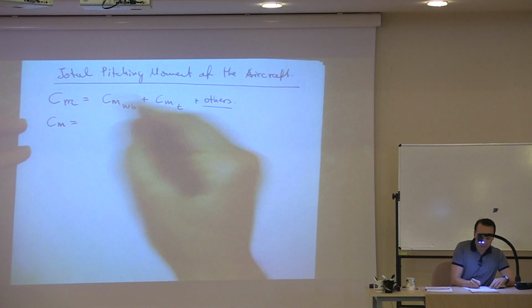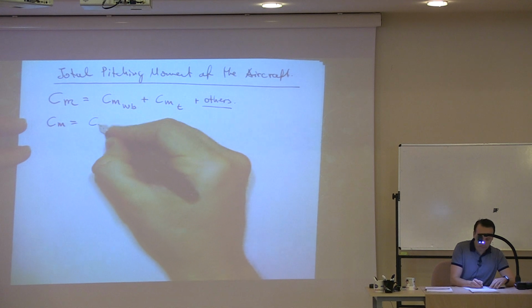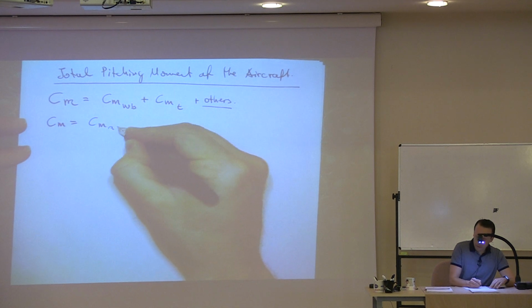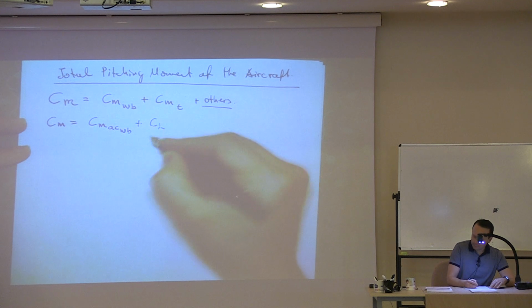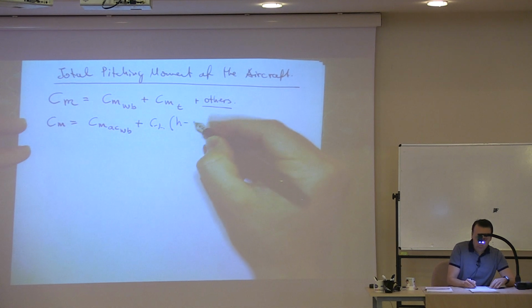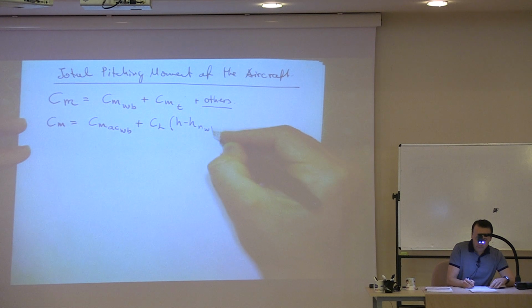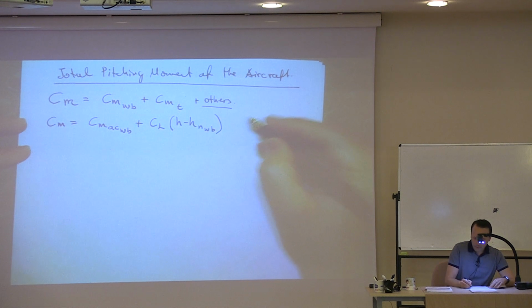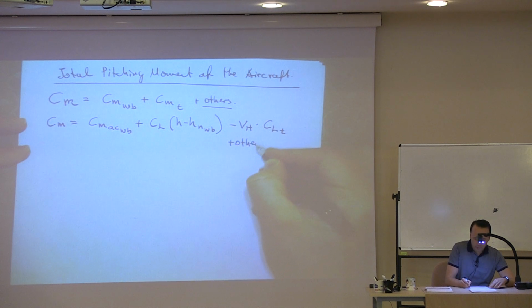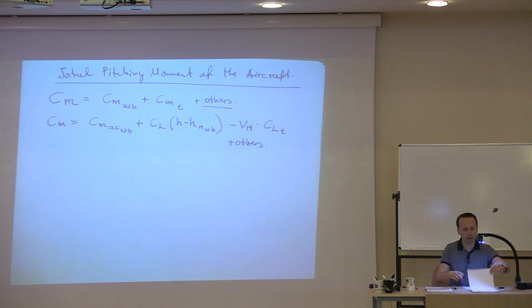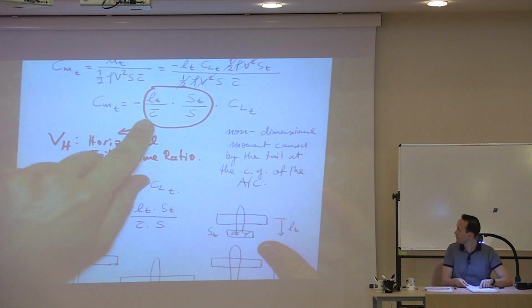The pitching moment for the wing body was something like this. It was the pitching moment of the aerodynamic center of the wing body plus CL times h minus h_n wing body, minus V_H times C_L,T, that is the tail, plus others. And that was a minus, if you recall. We had this minus over here.